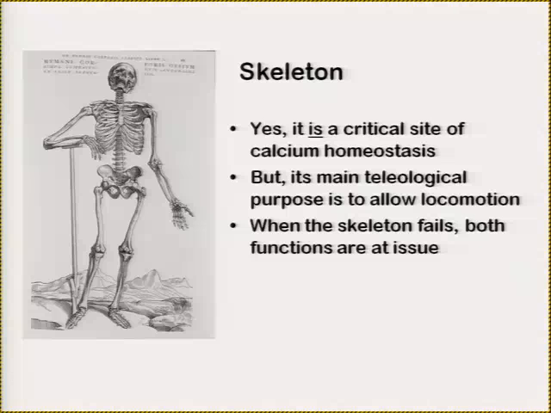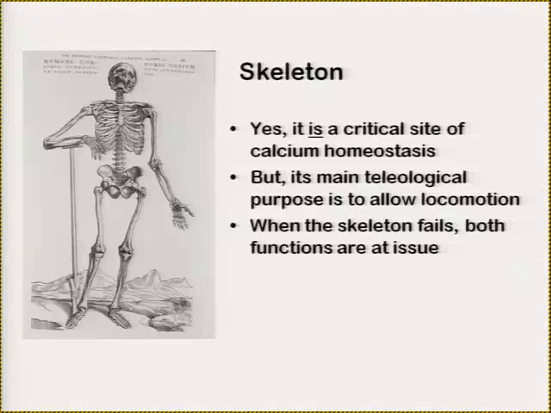So in general, we're going to be talking about the skeleton. The skeleton has two classic functions that it subsumes. One is that it's a critical site for calcium homeostasis. All endocrine people know that. But its main teleological purpose is to allow locomotion, to allow us to get around and have the lives that we have in the world.